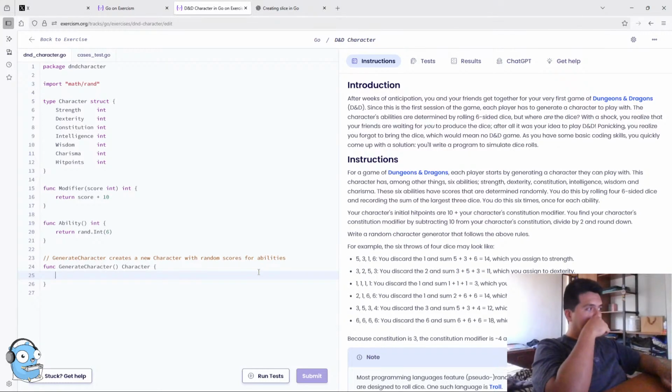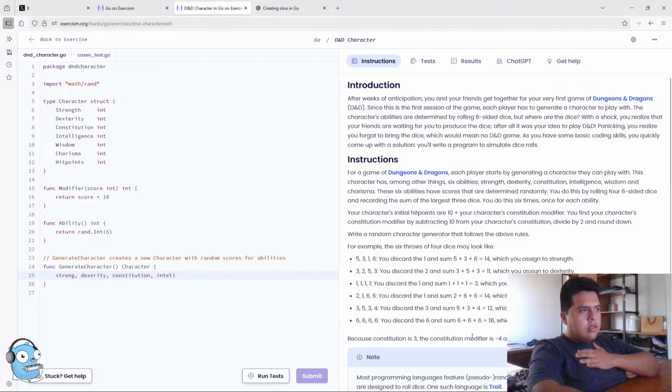Okay, that means strength, dexterity, constitution, hit points. The character's initial hit points are 10 plus the character constitution modifier. Constitution modifier?